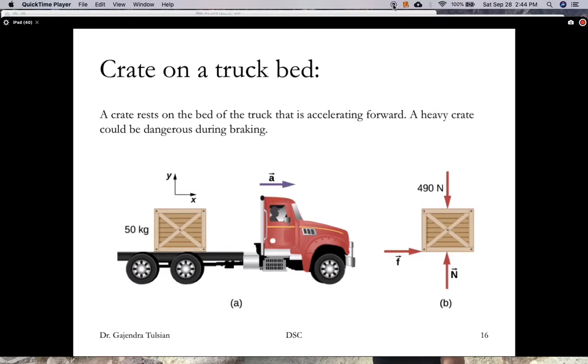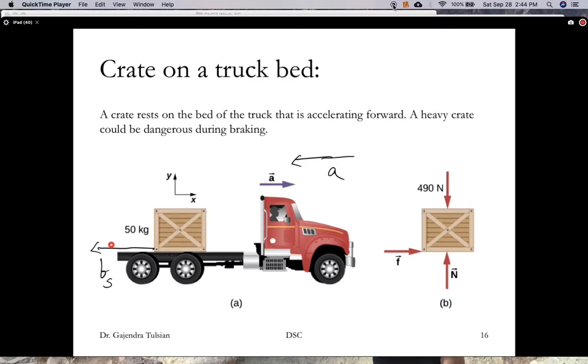Let's say a truck gets into a wreck or something, and then it will have a large acceleration in the opposite direction. That would mean you have to have a static friction force in that direction to prevent the crate from sliding along towards the cab.